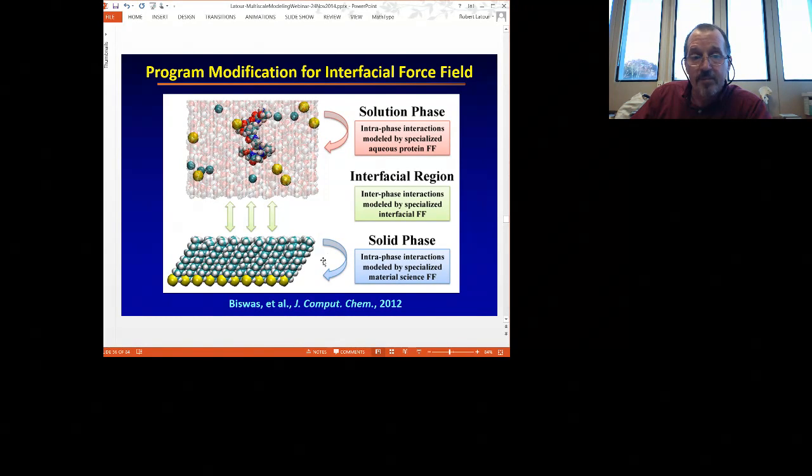And we can use a material science force field to handle how the surface itself is behaving. And this gives us an independent way of tuning the adsorption behavior without messing up the conformational behavior, which should be handled by the regular CHARMM parameters.